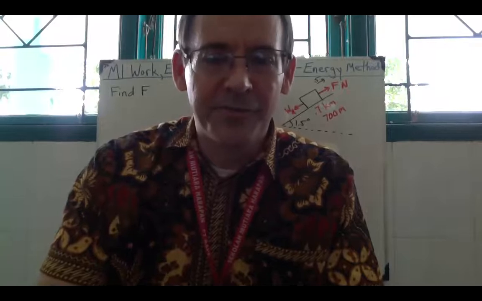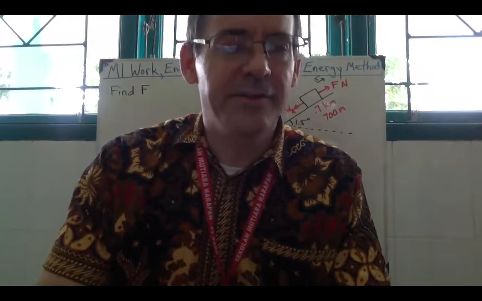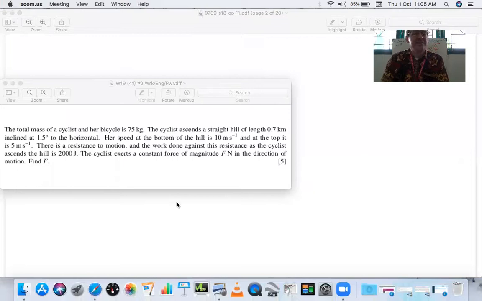Okay, let's look at our first question and read it together. It says the total mass of a cyclist and her bicycle is 75 kilograms. The cyclist ascends a straight hill of length 0.7 kilometers, inclined at 1.5 degrees to the horizontal. Her speed at the bottom of the hill is 10 meters per second, and at the top it is 5 meters per second.